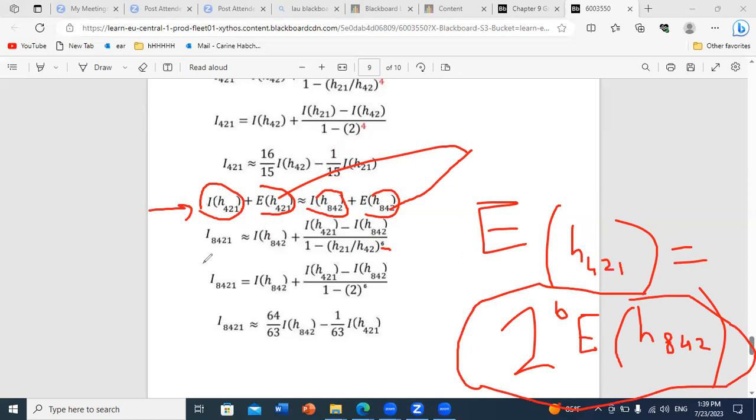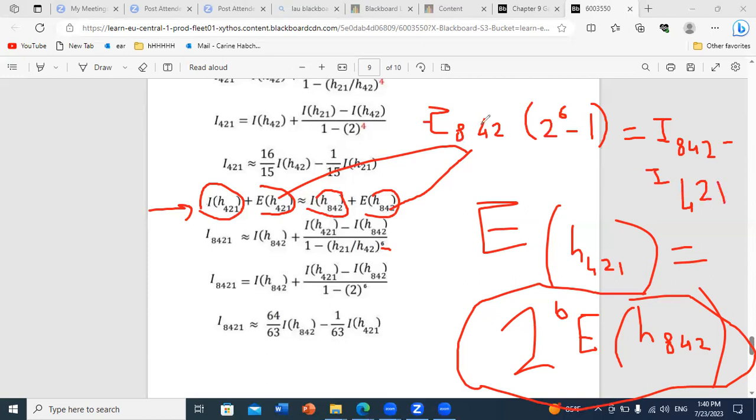Let me do it for you in detail. If you replace, you will get that error 842 times 2 to the power 6 minus 1 is equal to the integral using 842 minus the integral using 421.